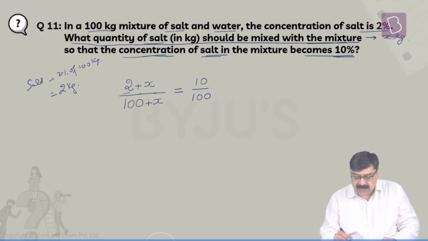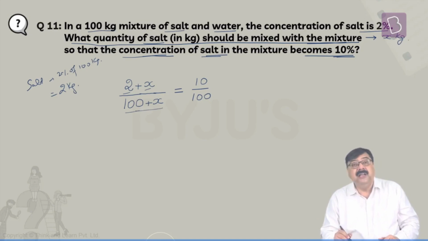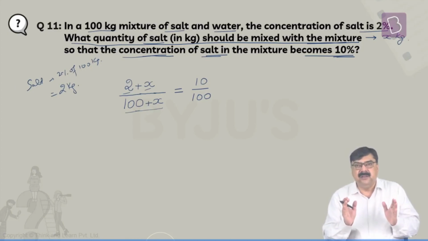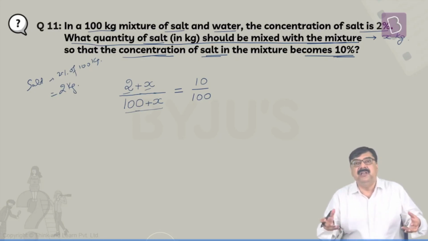So initially 2 by 100, 2 kgs out of 100 kgs, x kg of salt added to the mixture. So the total amount of salt increased from 2 kgs to 2 plus x. The total amount of mixture increased from 100 to 100 plus x, such that this 2 plus x quantity of salt has become 10% of total mixture, that is 100 plus x kg.